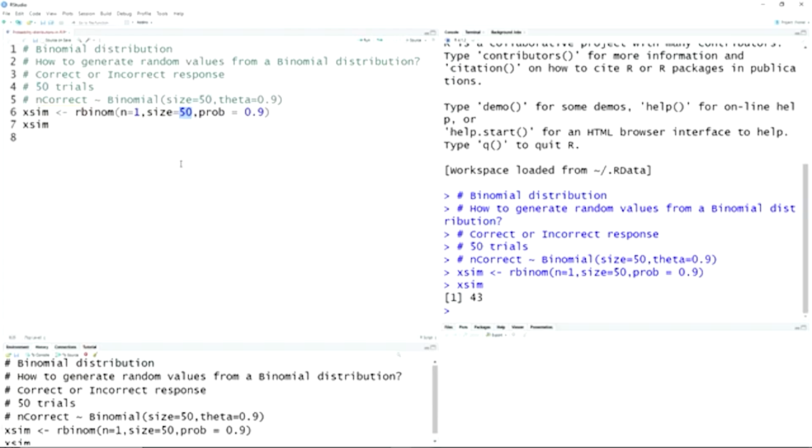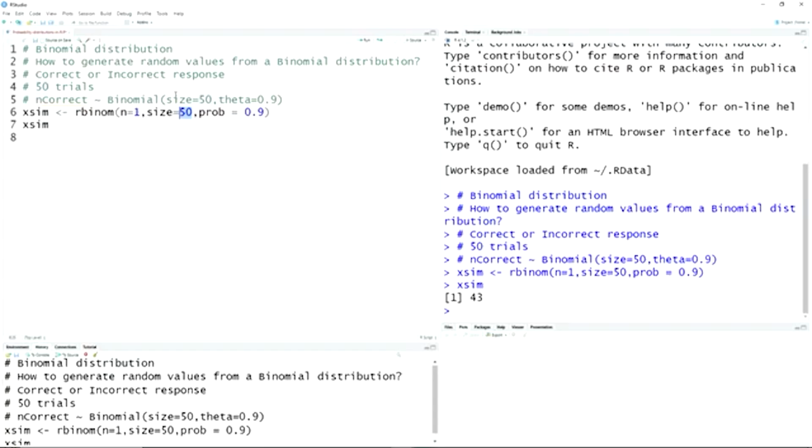Although the probability of obtaining 45 correct responses is highest, there is still some probability of obtaining responses like 44, 43, 46, 47. And that's how the probability mass function works.